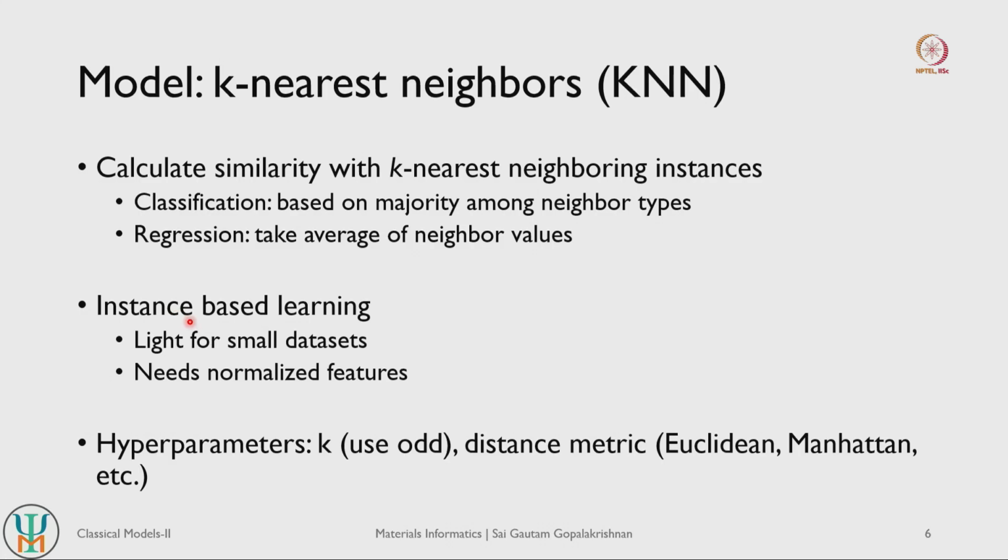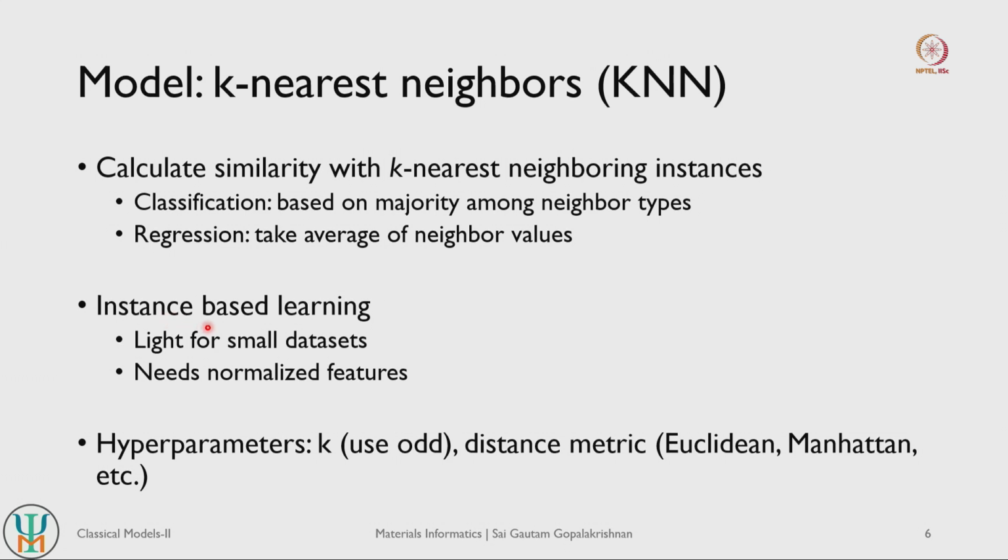So it does not try to come up with a more general equation or mathematical function based learning of the underlying distribution of data points that the model actually sees. It simply memorizes all the instances, so that is why it is called an instance based learning model.